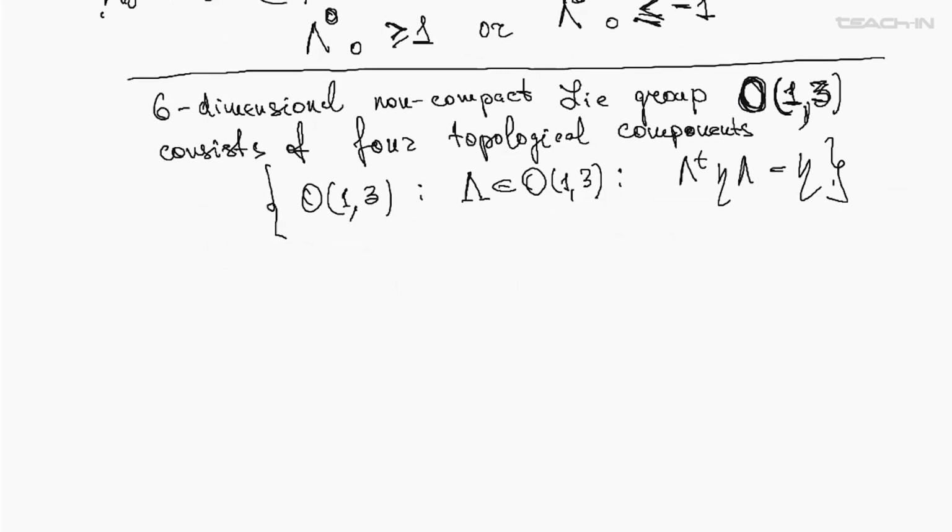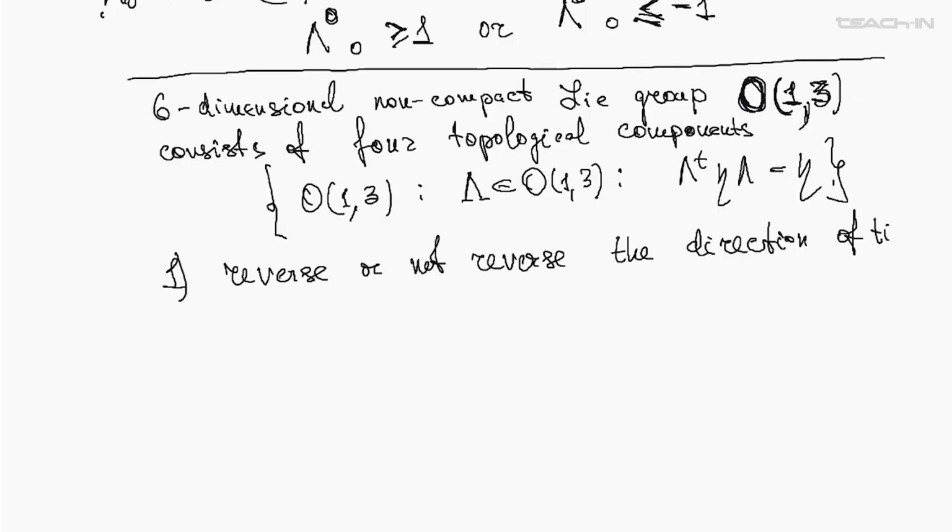So first, reverse or not reverse the direction of time. In other words, it's related to whether lambda 0,0 for the Lorentz transformation is bigger than or equal to 1, or lambda 0,0 is less or equal to minus 1.